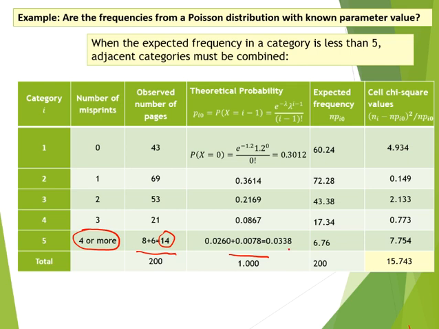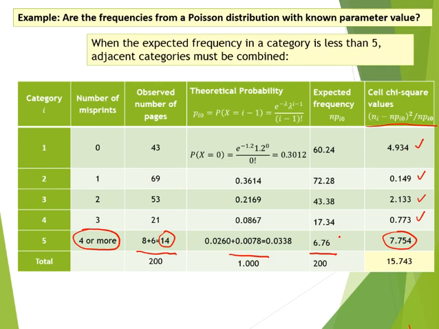Likewise now, 0.0338 times 200 will give you 6.76, and 200 is the total of your expected frequencies there. The other categories remain the same, but now you have to calculate your new deviation in this new category. That's 14 minus 6.76, squared, divided by 6.76, according to this formula again, and that gives you 7.754.